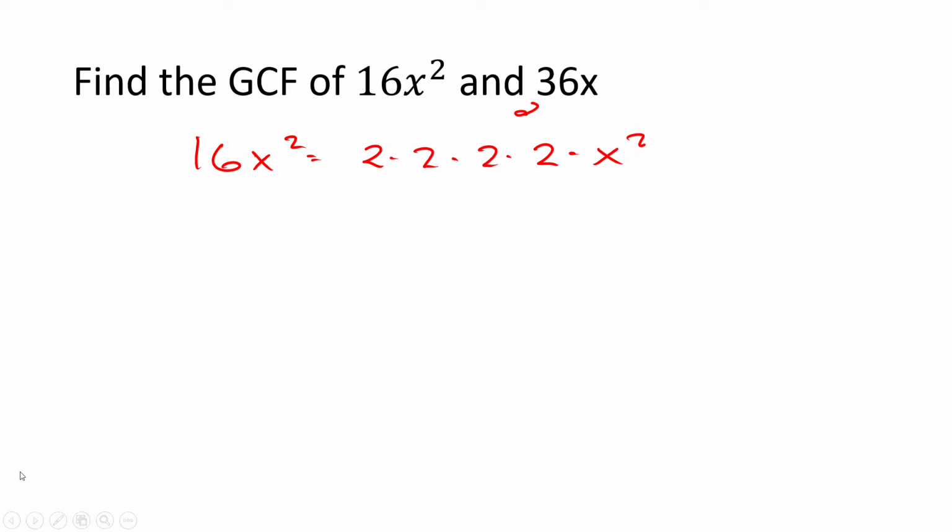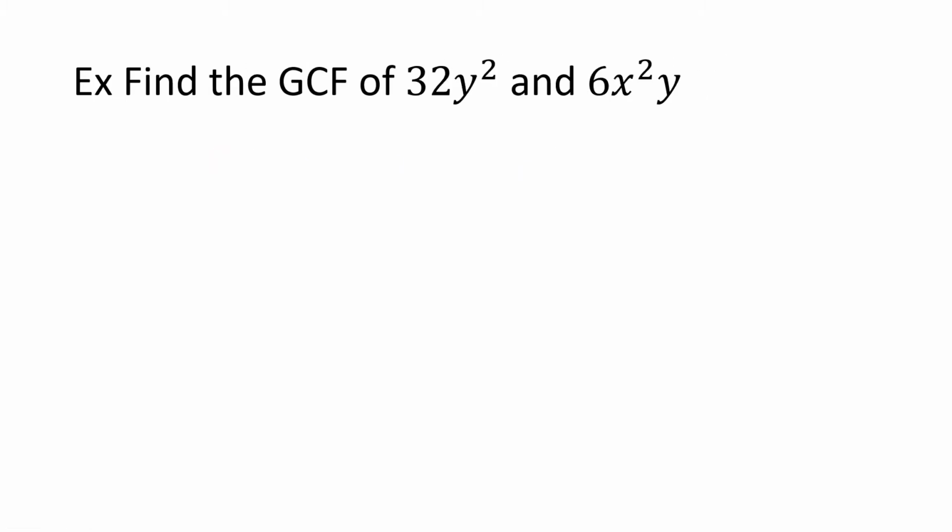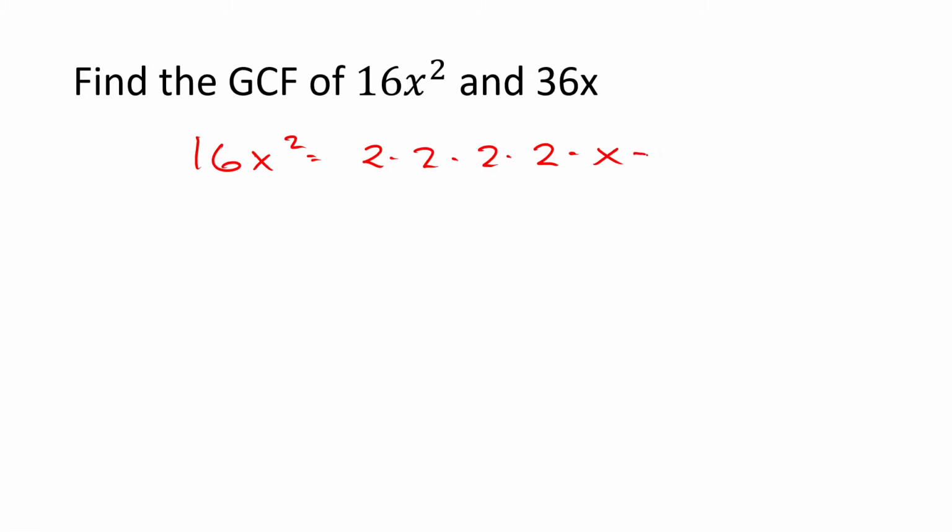Oh shoot, not x squared, my bad. It's actually x times x, while 36x is 2 times 2 times 3 times 3 times x.